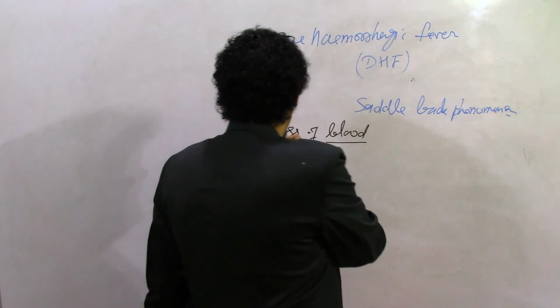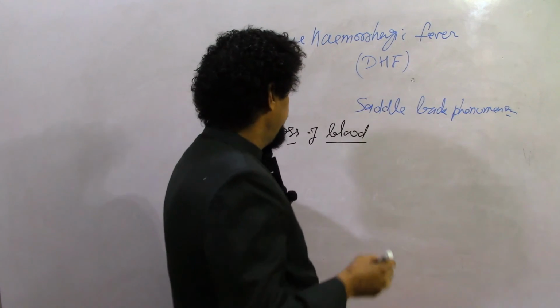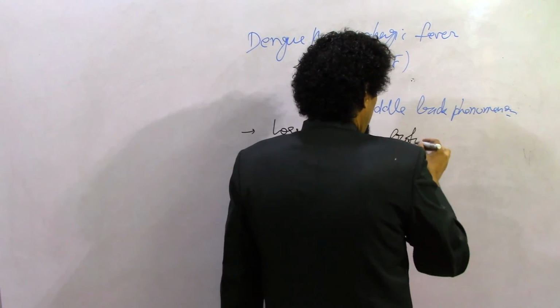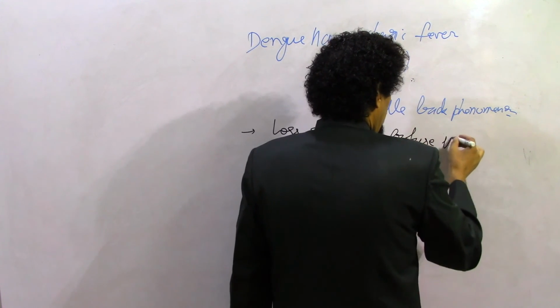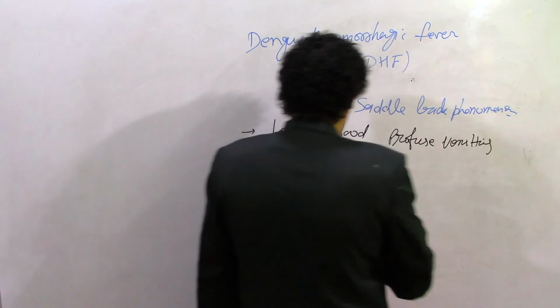So there is history of the blood loss, profuse vomiting, pain abdomen.